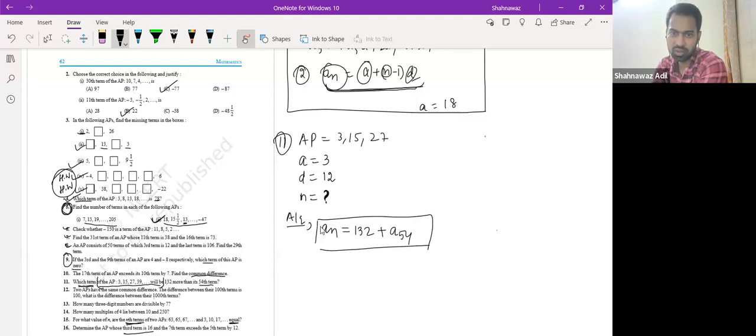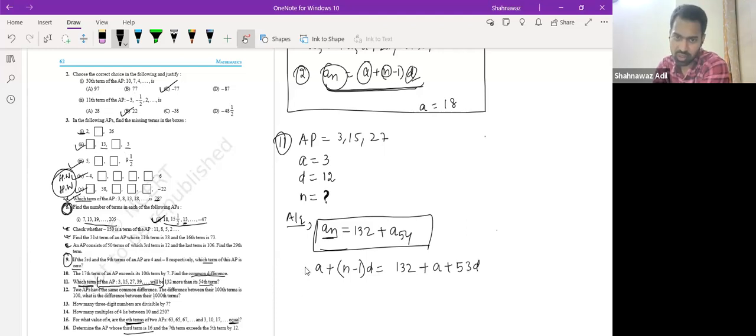Yes, sir. Okay, so then we can write in this form: a plus n minus 1 into d is 132 plus a 54. And a 54, how can we write, Amira? a plus 53d.